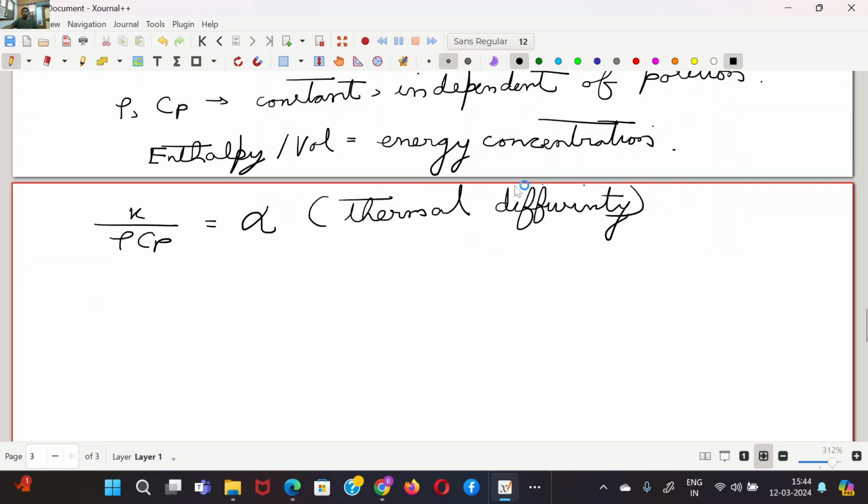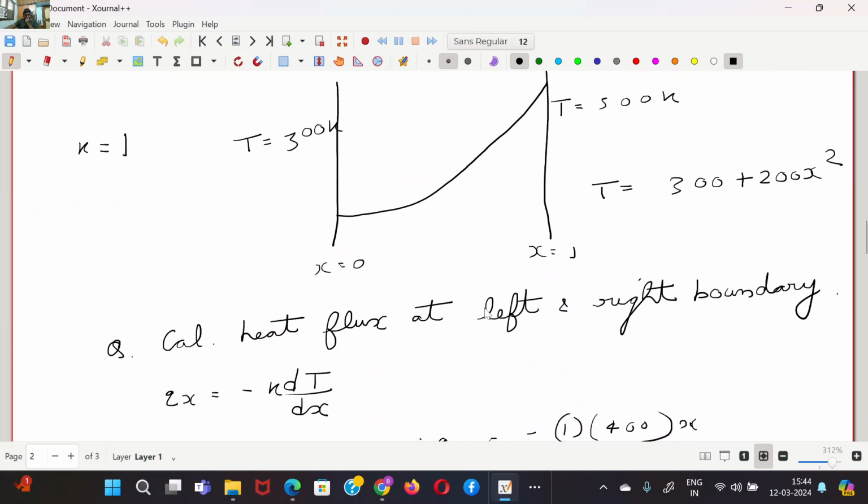Okay, so what is the unit of k? Any idea? From Fourier's law, just check. What's the unit of k?